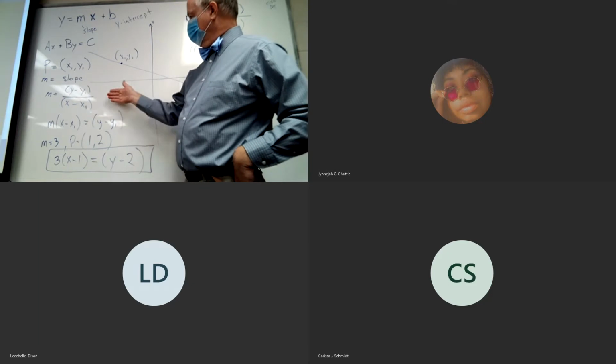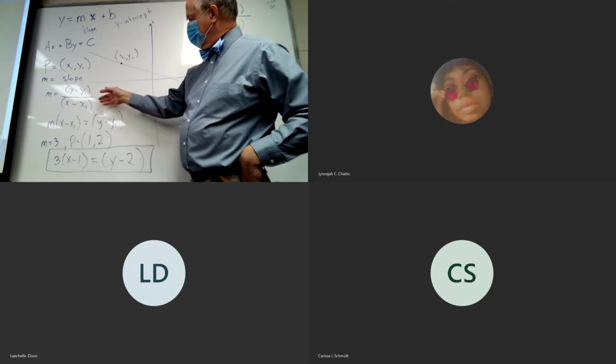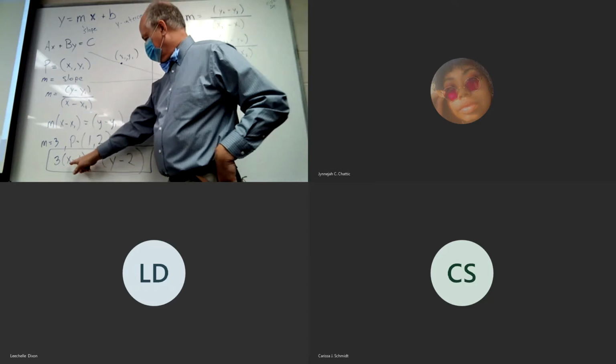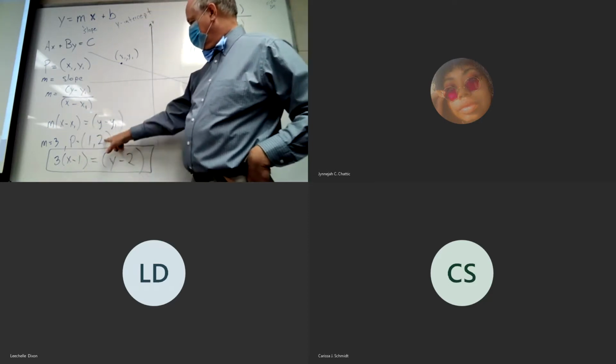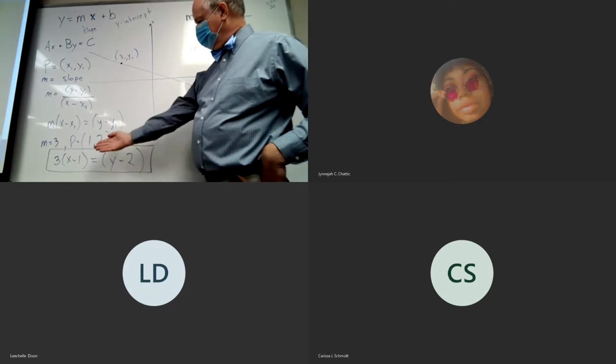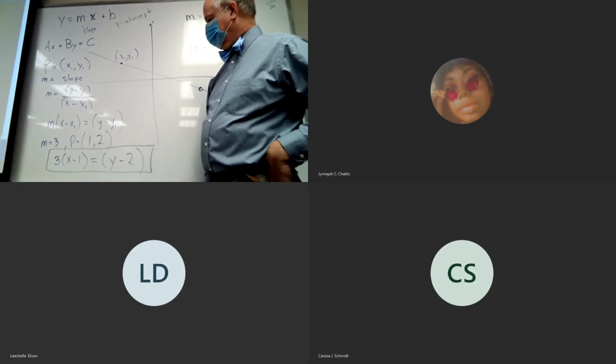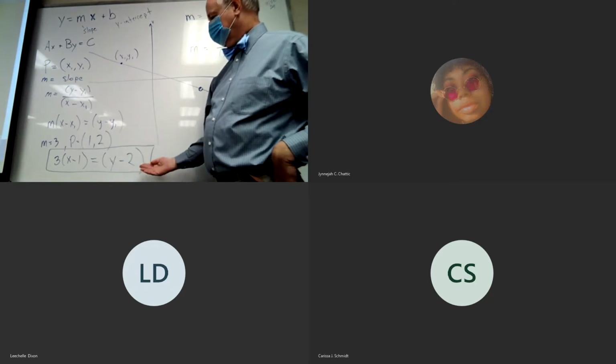So now that I know that, I know what my slope is, x minus 1, if that's the point, y minus 2, if that's the point I go through. This is my formula for my line in point slope format.